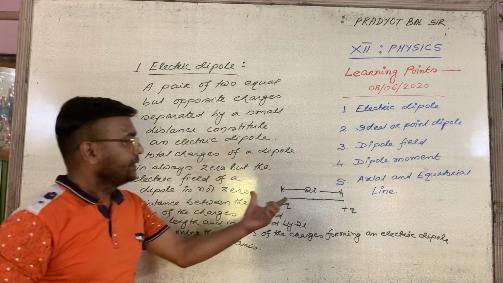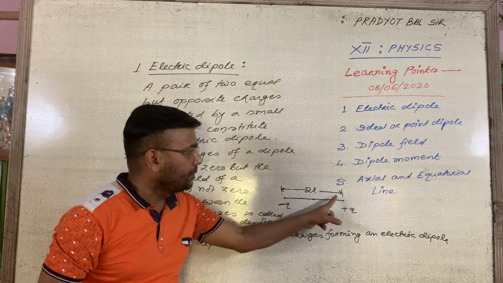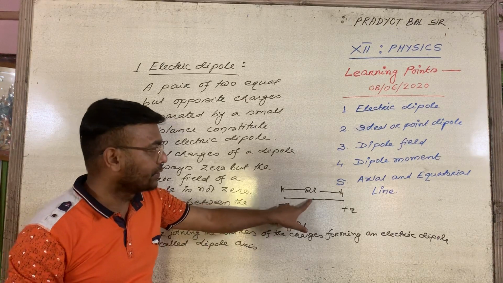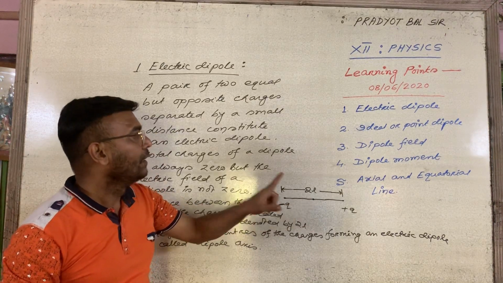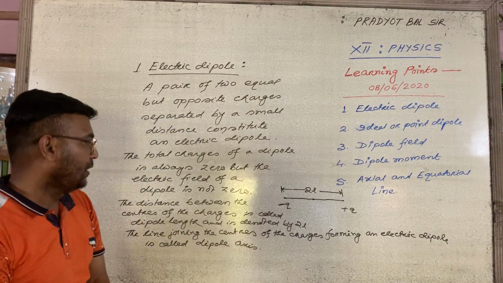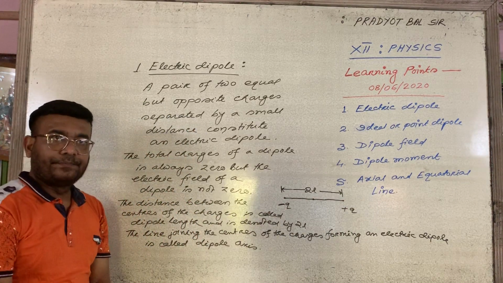So this is electric dipole. The distance between the two charges is called dipole length and is denoted by twice L because the midpoint is always necessary, and the straight line joining the centers of the charges is called dipole axis.